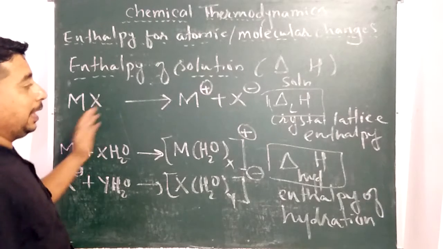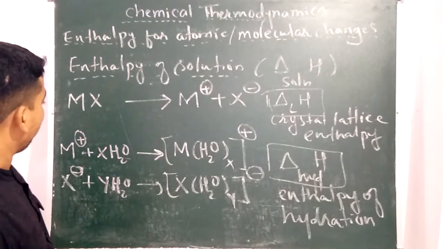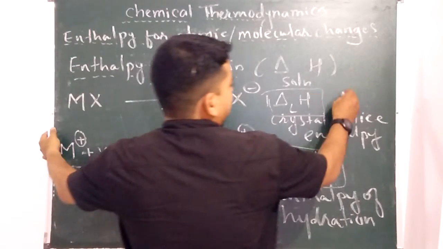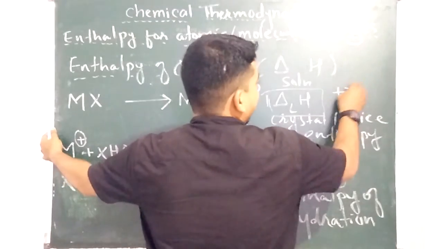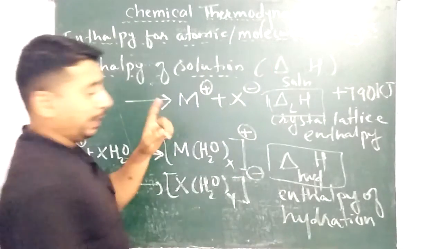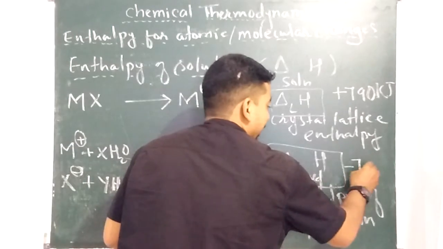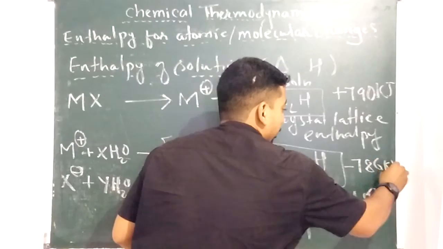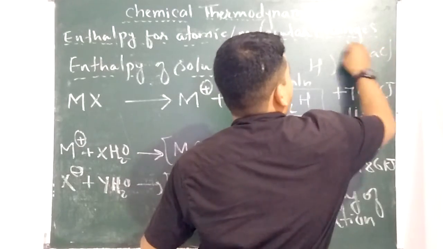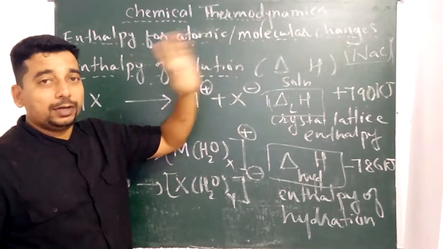The crystal lattice enthalpy for NaCl is plus 790 kilojoule per mole, and the enthalpy of hydration is minus 786 kilojoule per mole. So we can easily find out the enthalpy of solution for NaCl.